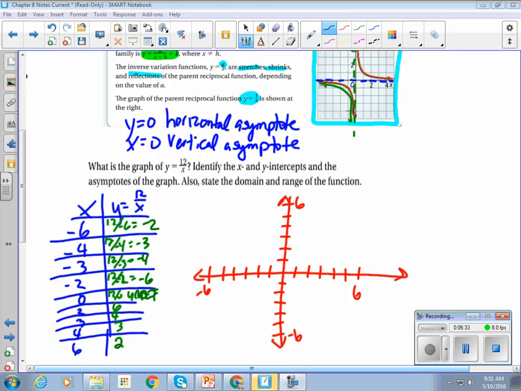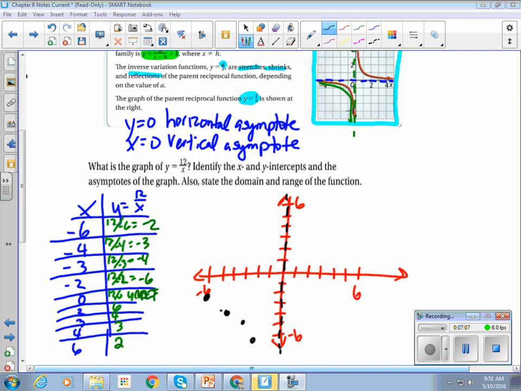-6, -2. -4, -3. -3, -4. -2, -6. Zero, undefined, so this right here is an asymptote.